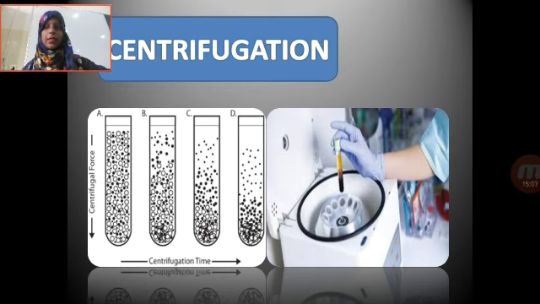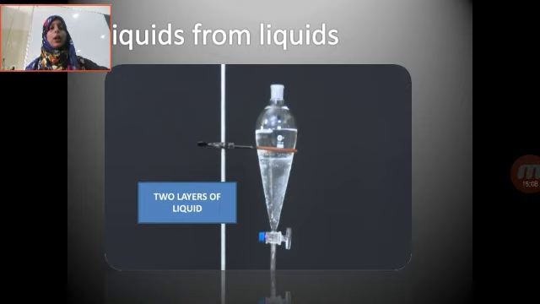Now, we have liquids from liquids. This is a simple method where miscible liquids are separated by distillation, that we saw earlier, the simple distillation and the fractional distillation, whereas here a mixture of alcohol and water is prepared and the two layers can be separated. As you can see here, this is a separating funnel.